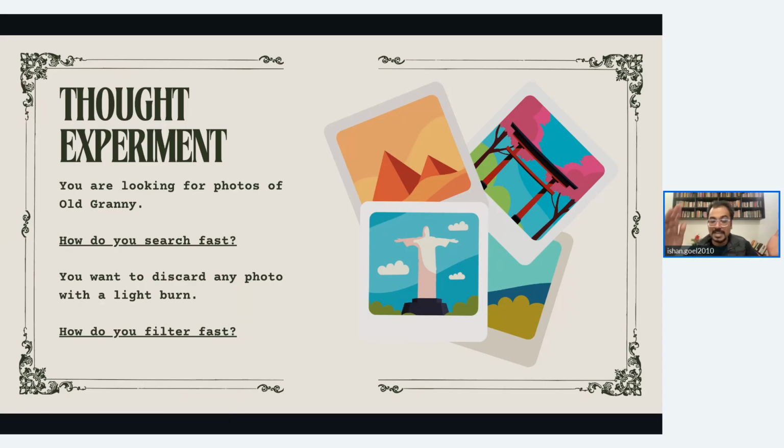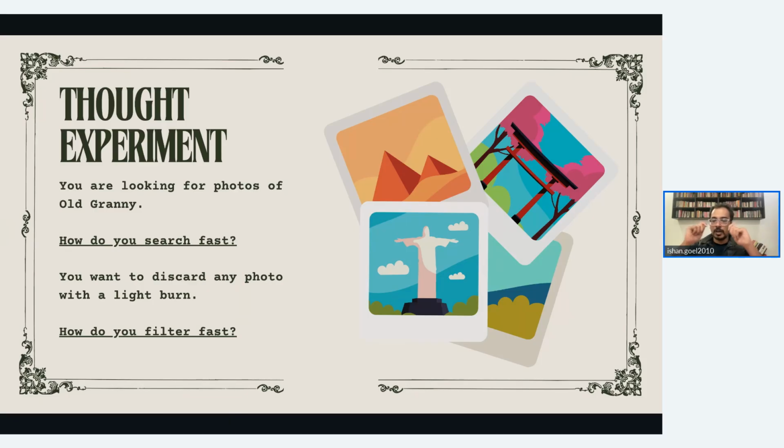To explain the concept on why we want to use this asymmetry and why there are two sides of this asymmetry, I want to start with a thought experiment for all of you. For this thought experiment, I would want you to be logged into that Mentimeter because I have a question there as well. The thought experiment is that you're looking through the old photos that your family has collected.